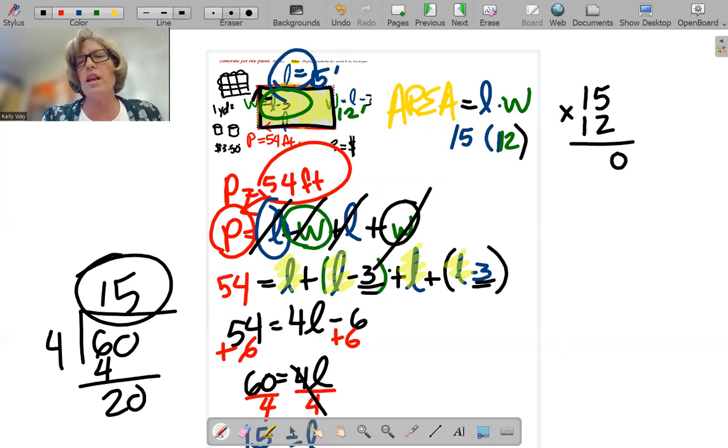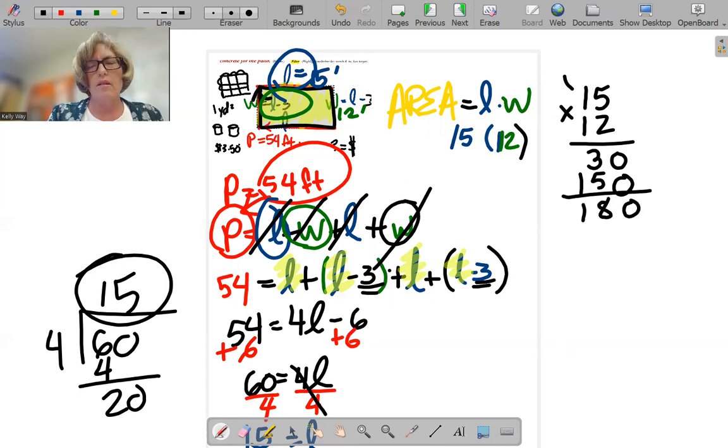2 times 5, 10, carry the 1. 2 times 1 is 2, plus 1, that's 3. 0, then 15, and that's 180. Lattice would look like this. You're like, what's lattice? Wow, greatest invention ever.